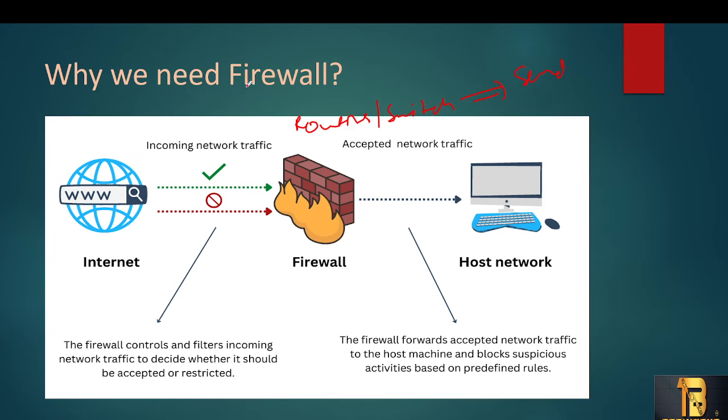But the firewall in your network will send your data in a secure manner, which we'll discuss in later sessions. The firewall provides security to your data, whatever traffic is coming and going. In routing and switching you mostly learn how and where data flows.